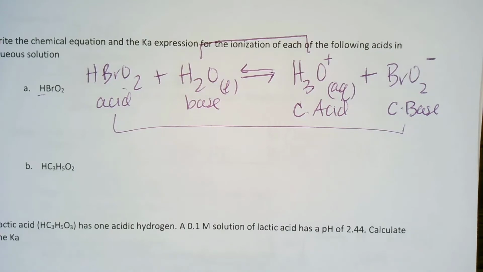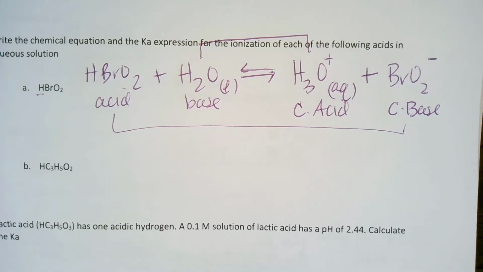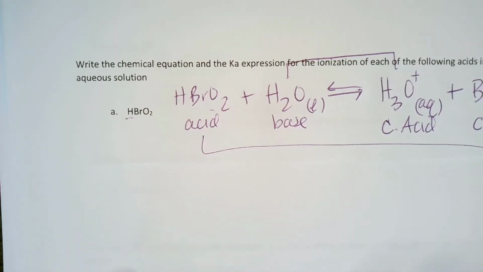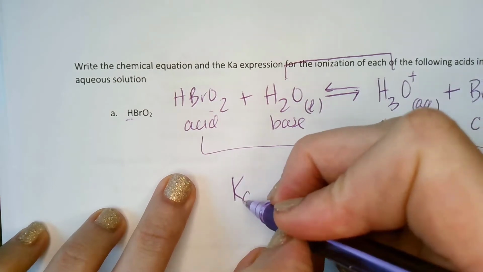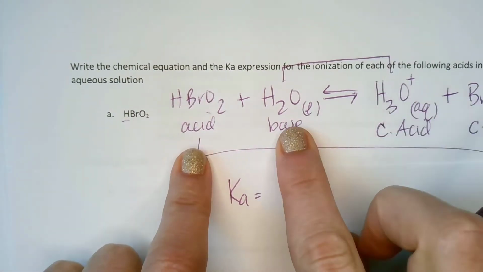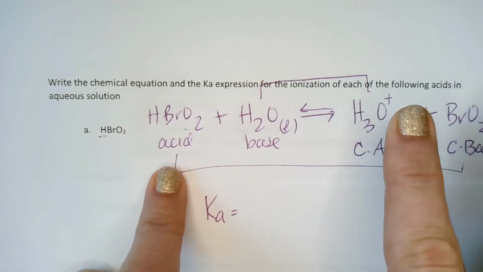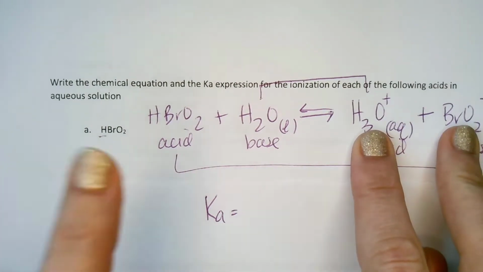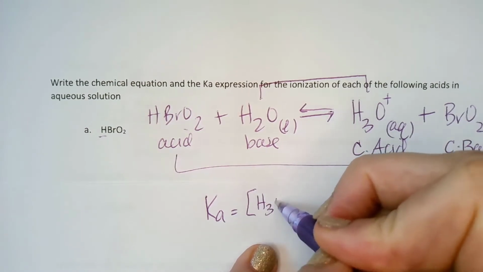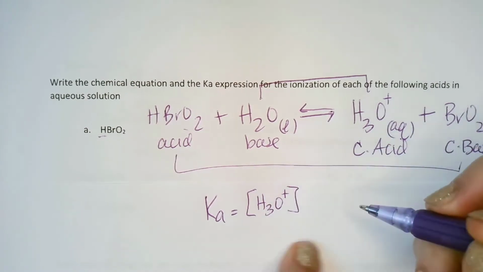All right, and then let's write our chemical equation here. And then, of course, for our Ka, we do our products over reactant with the water, of course, dropping out, or the dissociated over the molecular. So we're going to have the concentration of our H3O plus, or we can just say our H plus.